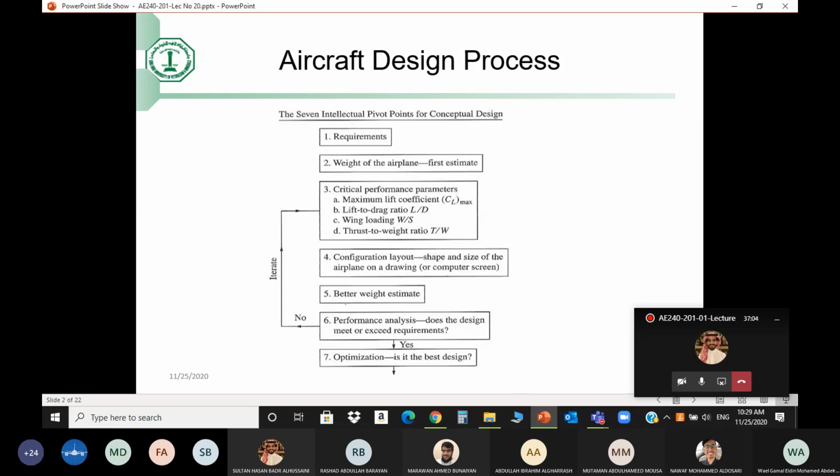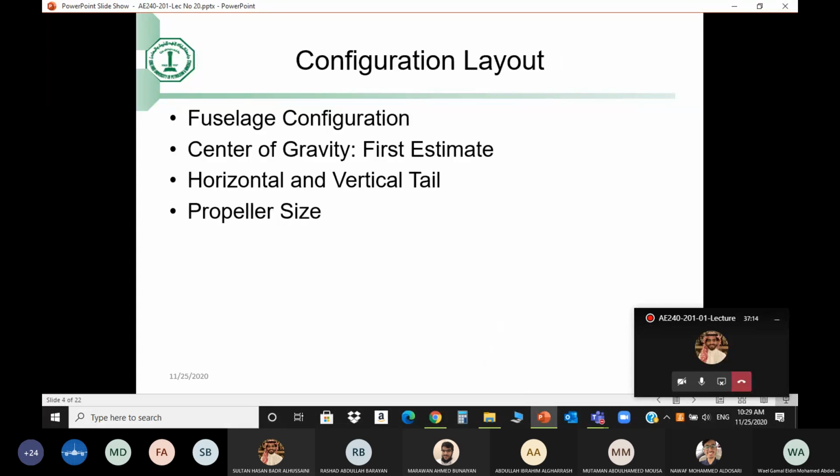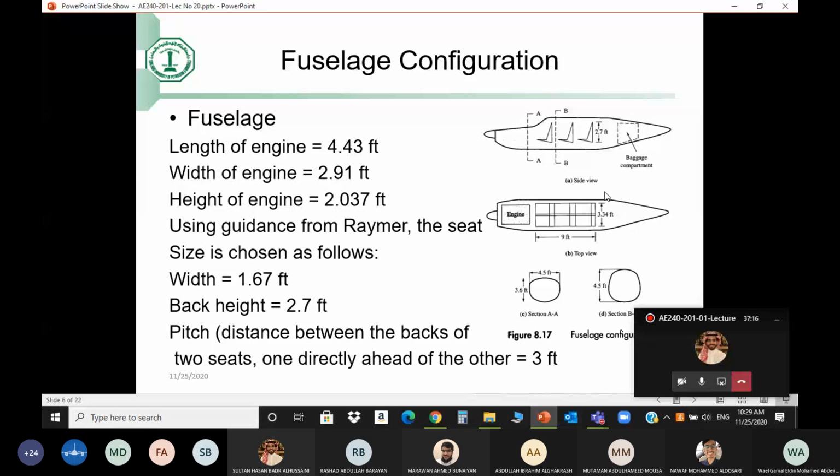That's why in the steps, we have here what's called a better weight estimate. So the better weight estimate, meaning we will include the location of the tail, the landing gear, and maybe other smaller components that we can include. Let's say the weight of the seats by themselves, the weight of the landing gear, hydraulics, whatever additional components.